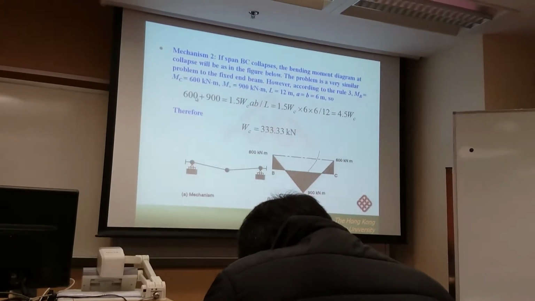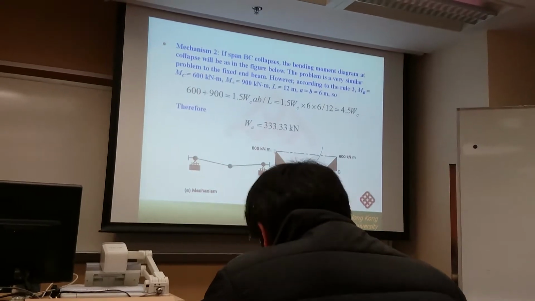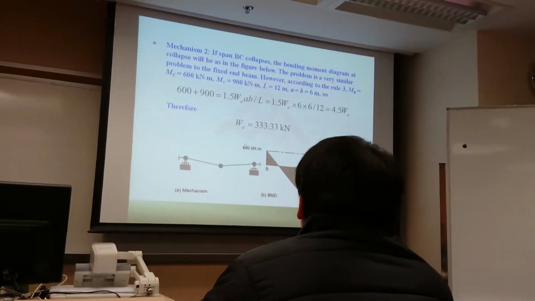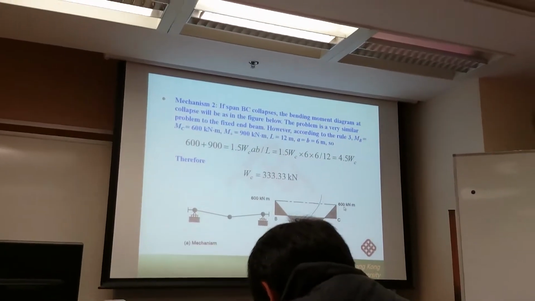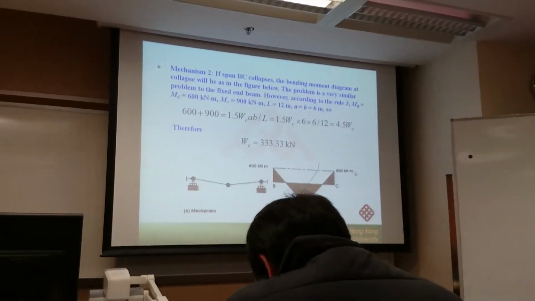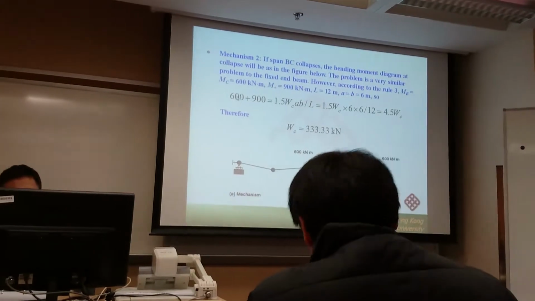The reactant bending moment is the linear interpolation of the bending moments at the two ends. At the left end it is 600, and at the right end it is 600 again, so the linear interpolation must be equal to 600. This 600 is the reactant moment.